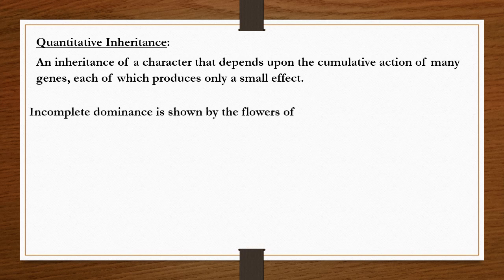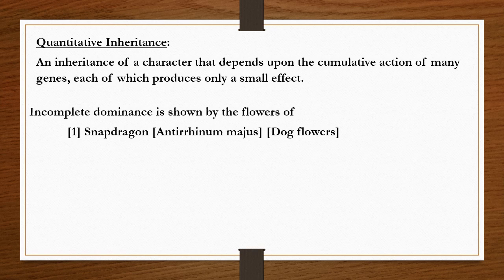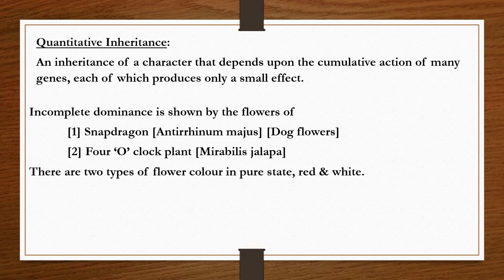Incomplete dominance is shown by the flowers of snapdragon. The scientific name is Antirrhinum majus and it is commonly called dog flower. Another flower which shows incomplete dominance is the 4 o'clock plant, Mirabilis jalapa. That is the scientific name of the 4 o'clock plant.